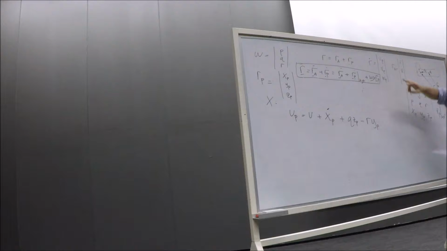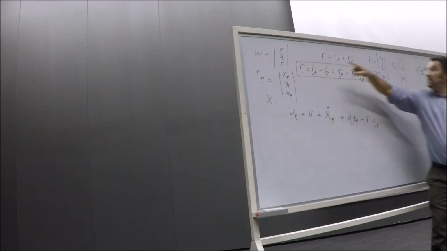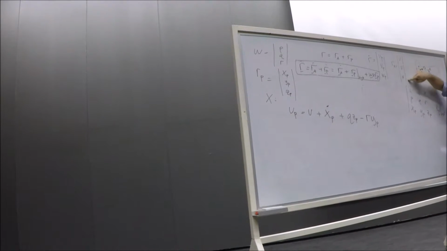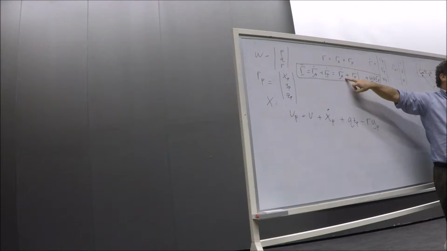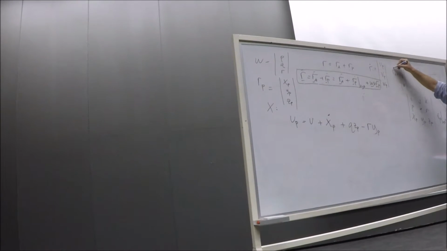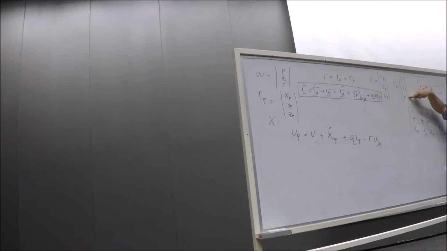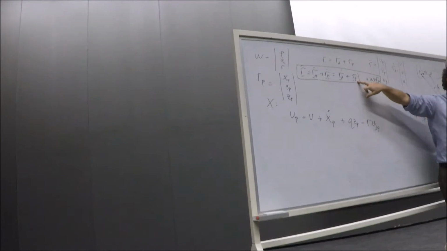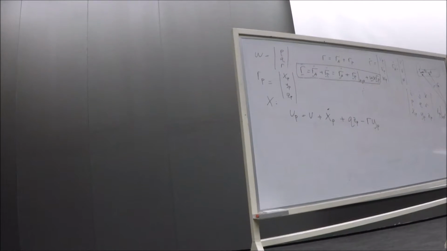So these are the components of this vector here along x, y, and z. These are the components of this vector, so this is r dot along x, y, and z. Then we have this vector here, r dot p. The components are x dot p, y dot p, z dot p.